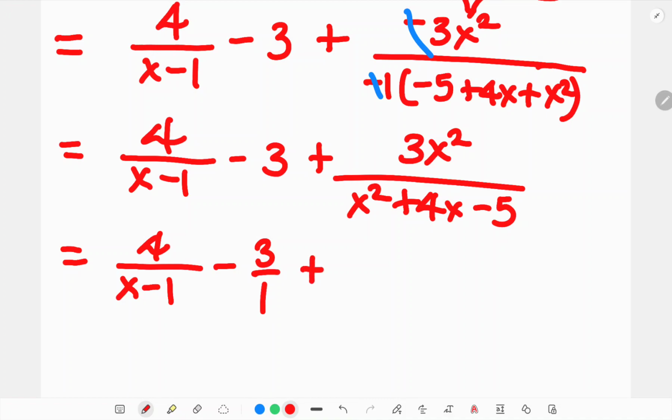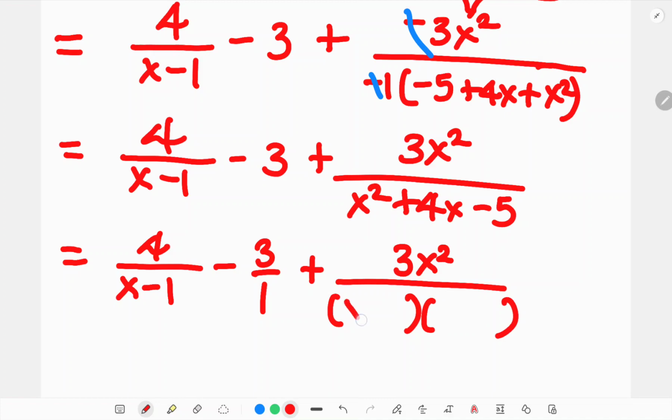And then plus, okay, so now let's look at this part. What happens on this part? We have 3x squared over, what do we have on the denominator? So we're going to open our bracket, and we know we're going to have x here, and we're also going to have x here.